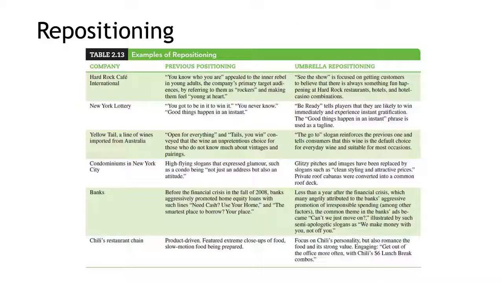Repositioning is harder. That's to try to move. The easiest thing to do when you do these positioning maps is to, like I said, figure out how you see your product, your organization, determine how the customer sees your product, and then try to move your product more to how the customer sees it.